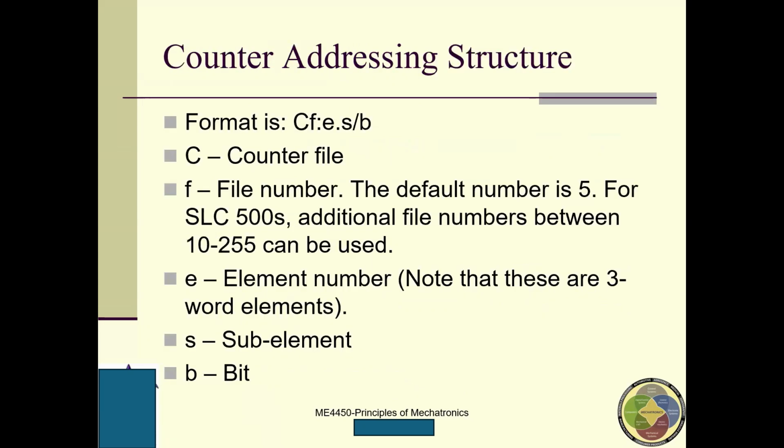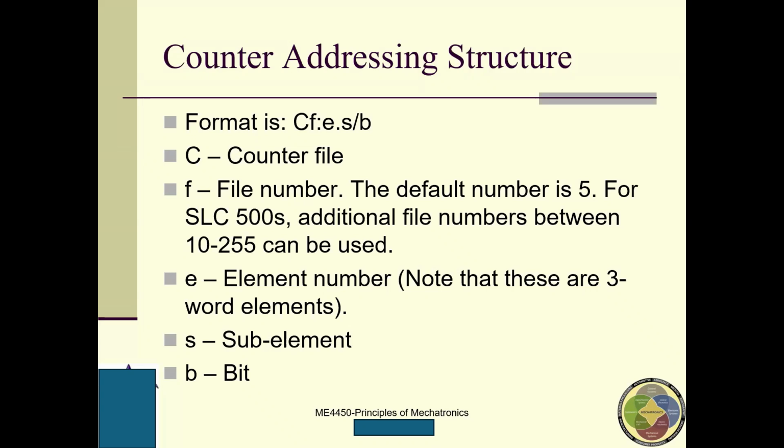Okay, counter, as I said, this is a counter, and you must have an address. And the address is a C. We use capital C to denote this counter. The file number, usually we use 5, okay? And we use C5 and T4. So this is our convention. And E is the element number.